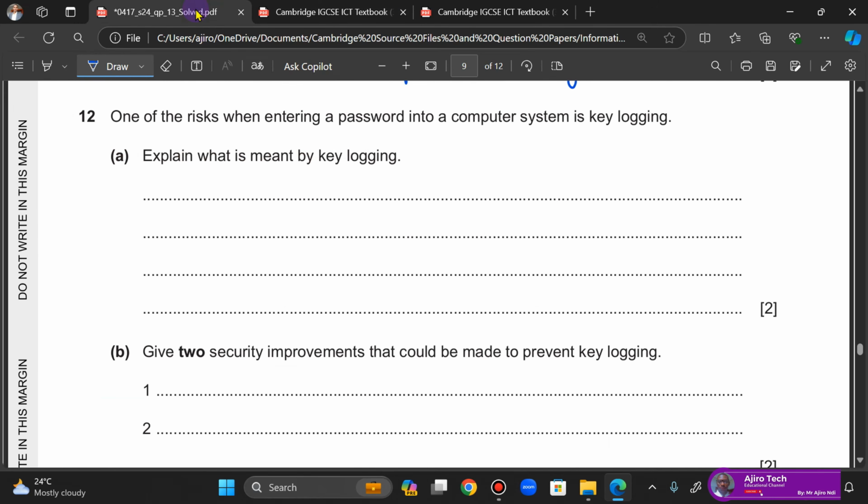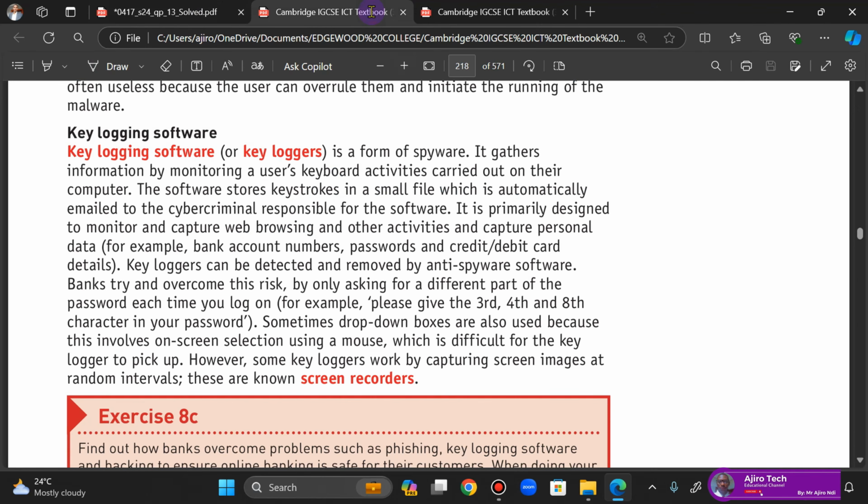So let's look at the first one. It can gain fraudulent access to passwords, or even confidential information. Another one is it records. Look at it right here, you see what happens? It stores keystrokes in a small file.